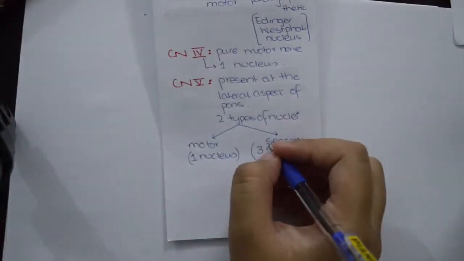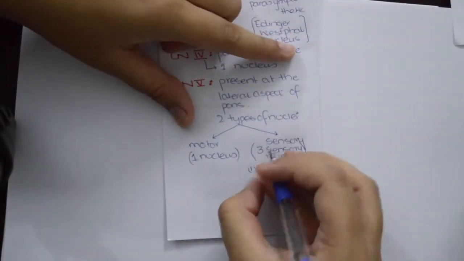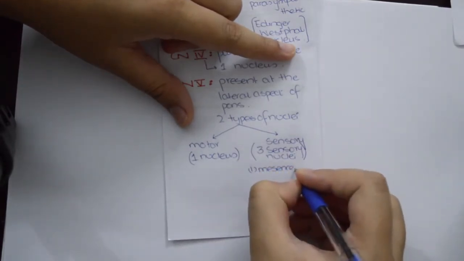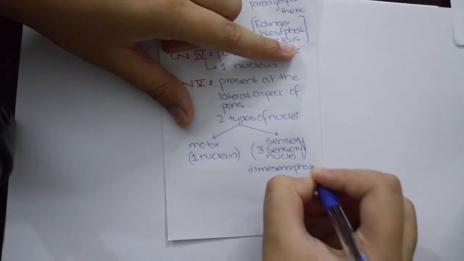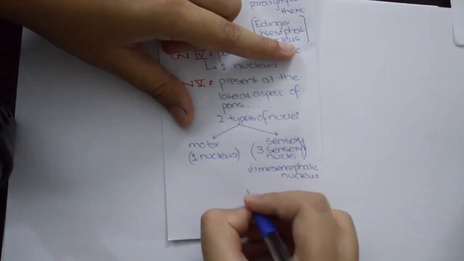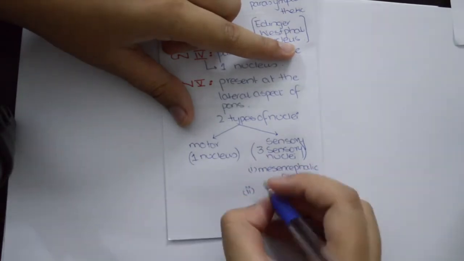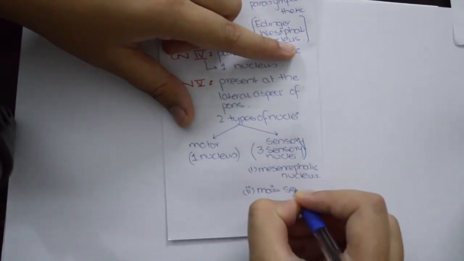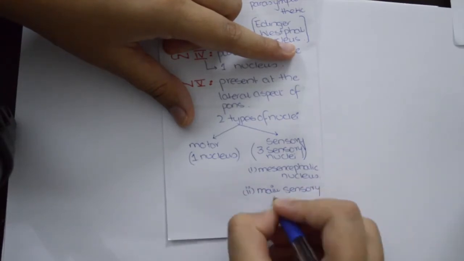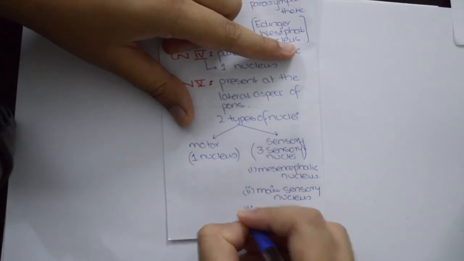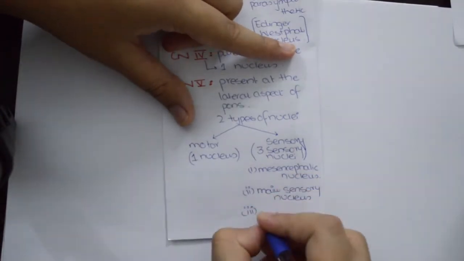Number one, the mesencephalic nucleus. Number two, the main sensory nucleus. And the third is the spinal nucleus.